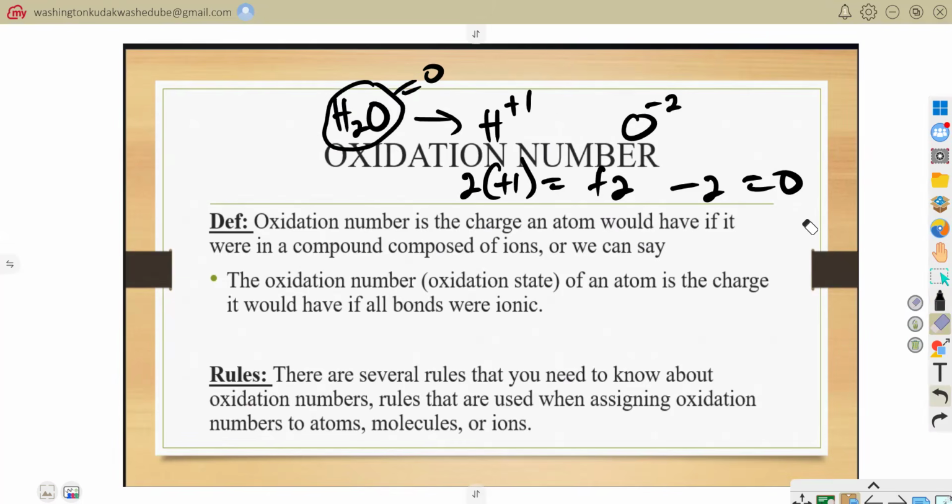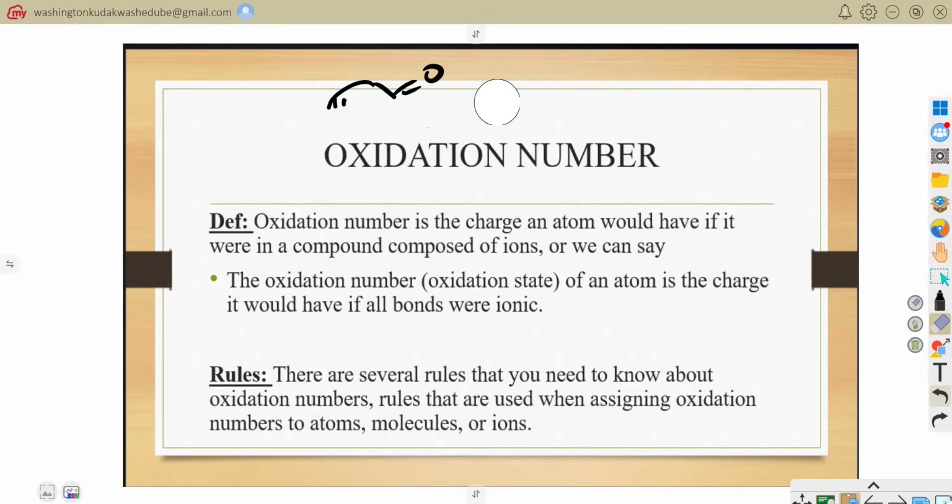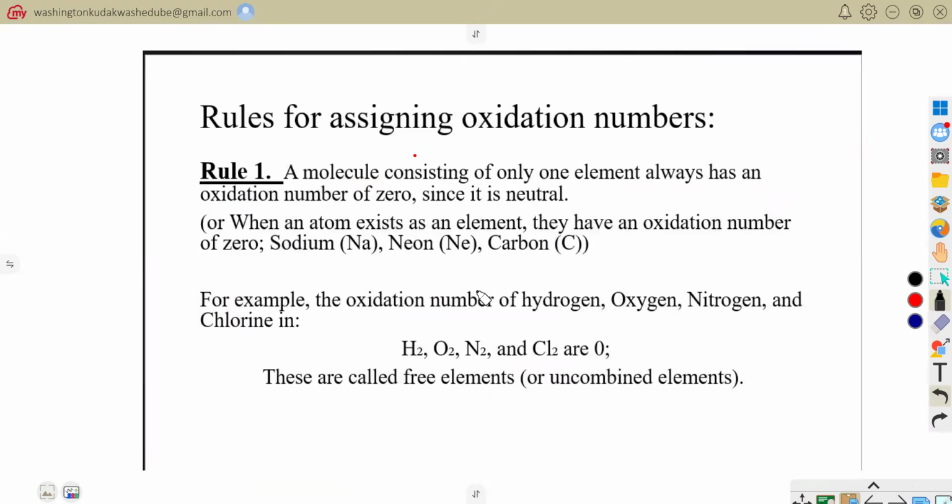So that is what we are saying: an oxidation number refers to the charge that we assign to an atom in a compound, assuming that that compound is made of ions. There are rules that we use when we are assigning oxidation numbers to atoms, molecules, or ions. Those rules are the ones that are going to guide us as we go forward.